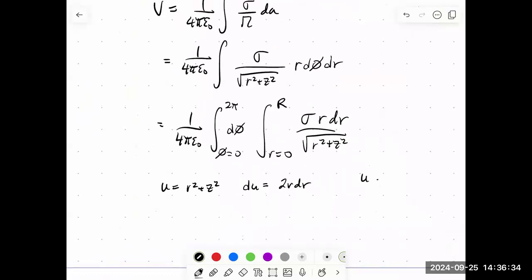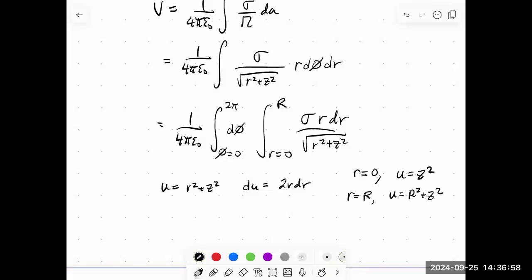When r is equal to 0, u is going to be equal to z squared. And when r is equal to the big radius capital R, u will be R squared plus z squared.